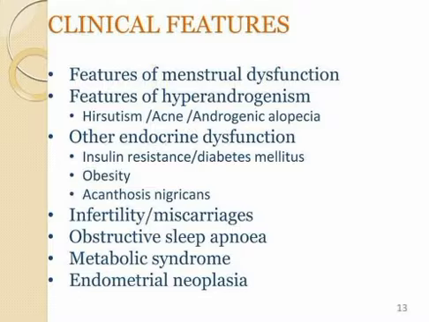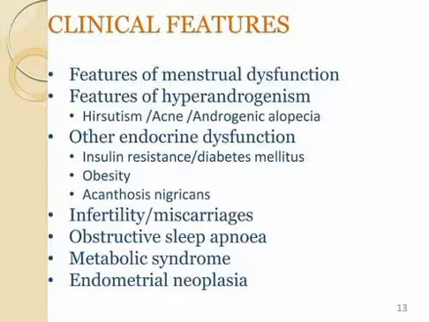So, what are the clinical features of polycystic ovarian syndrome, which may include the clinical manifestations? First will be the features of menstrual dysfunction, which can be seen in irregular periods or irregular menstrual cycles. Both the irregular as well as the abnormal menstrual cycles.